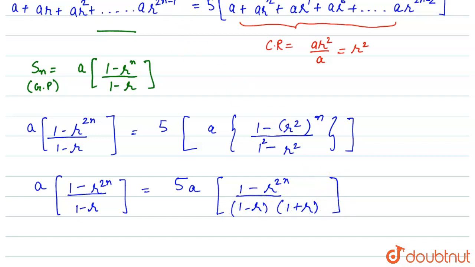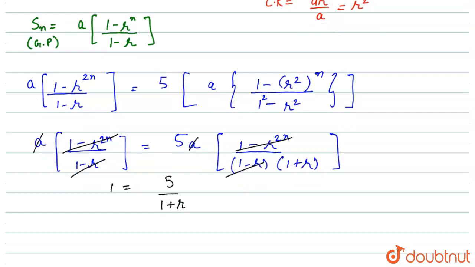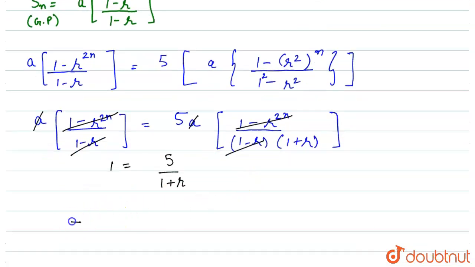Now see what is cancelling: 1 minus r, 1 minus r to the power 2n cancel, then A is cancelled. Now we get 1 is equal to 5 upon 1 plus r. Solving it further, 1 plus r is equal to 5, which means r is equal to 4. So we have found the common ratio, which is r equals 4.